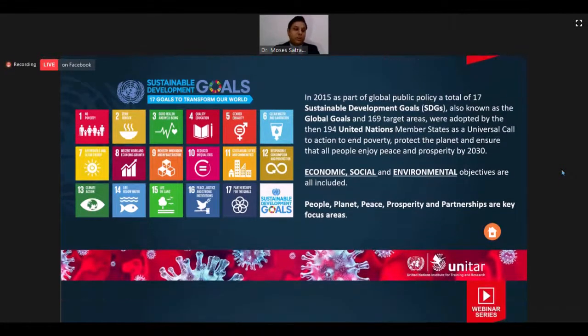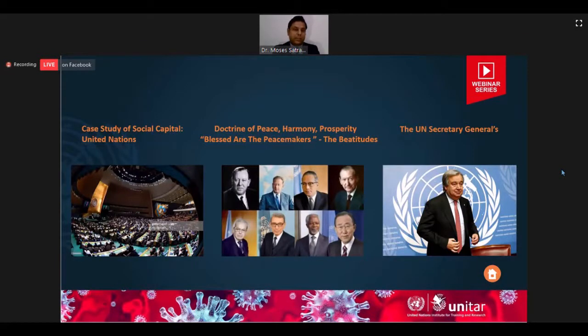Looking at social capital and a case study of social capital: the United Nations. This is a depiction of a conglomeration and diversity of individuals from different nations, tribes, and tongues, irrespective of gender, background, or socioeconomic milieu, all converging for public policy decisions, governance, fund allocation, conflict resolution, decision-making, and problem solving.